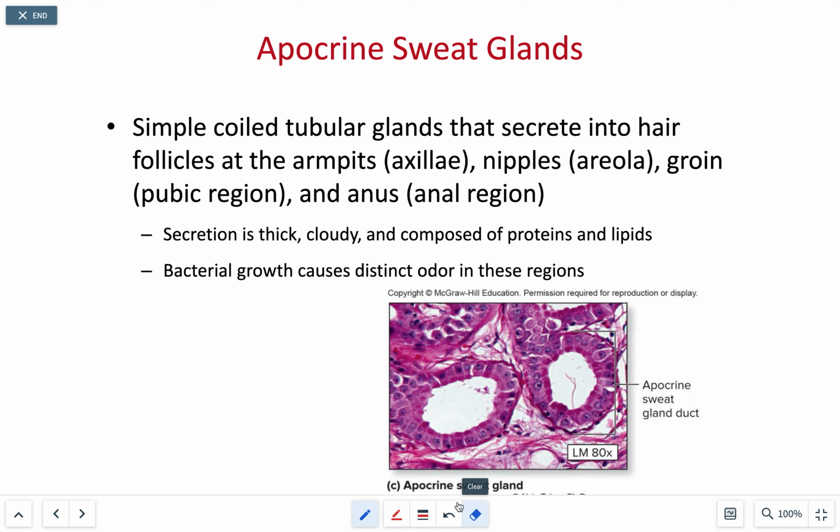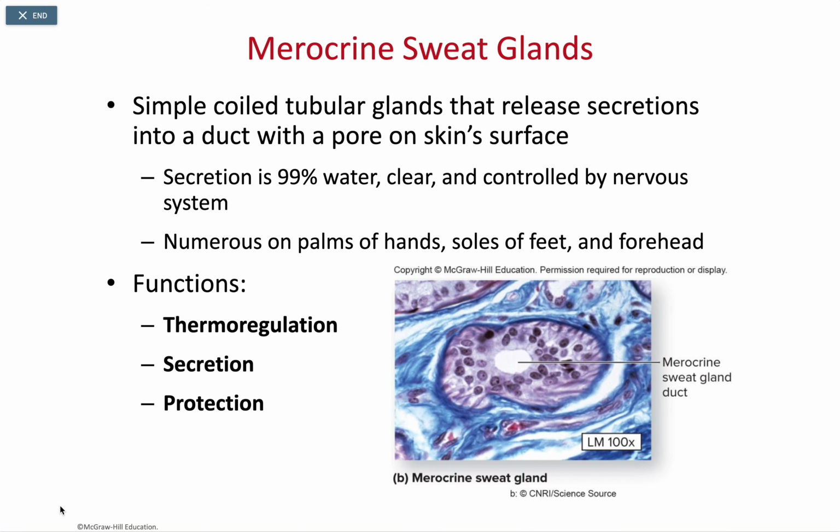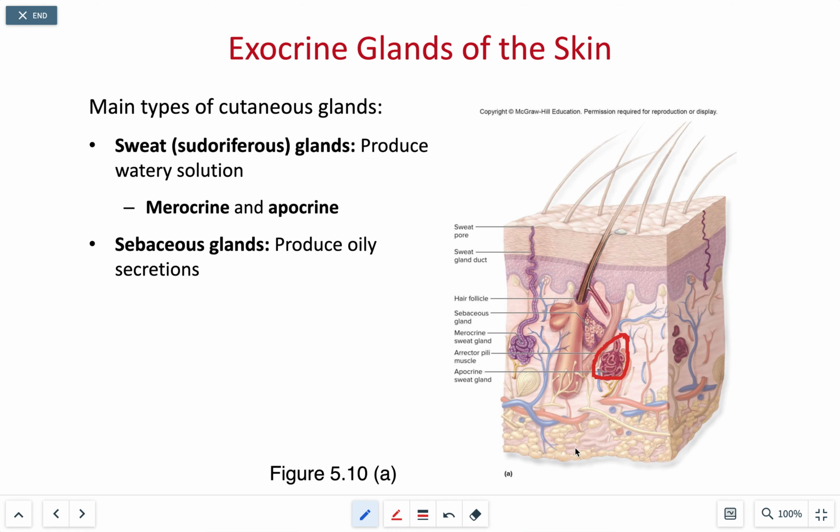And finally, the last one is the sebaceous glands. These sebaceous glands are located closer to the root shaft of the hair follicle. They release their oily secretion onto the hair follicle, which then makes its way up to the surface of the skin.